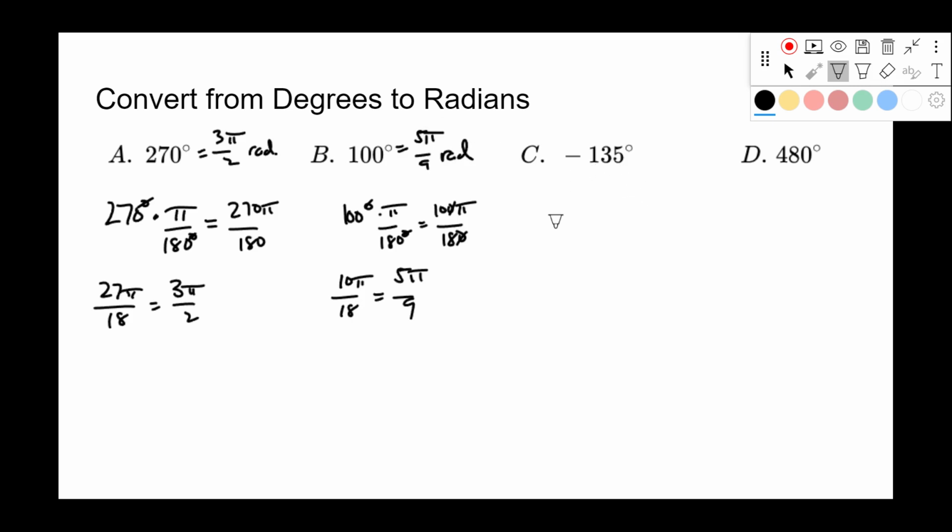Negative 135 degrees. So negative 135 times pi over 180. Knock the degree symbols out. That's negative 135 pi over 180. Now, I know 45 goes into both. You may not, but you will soon enough. Okay, 45 goes into both.